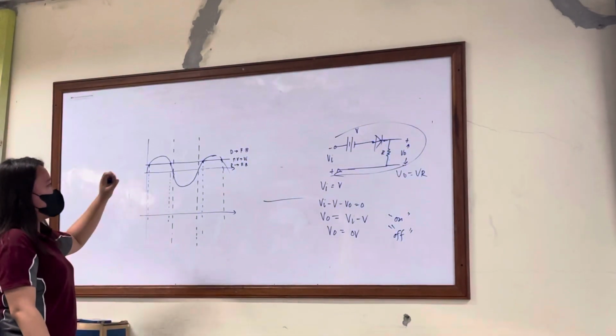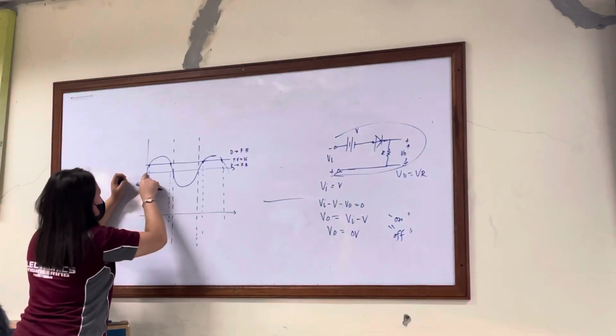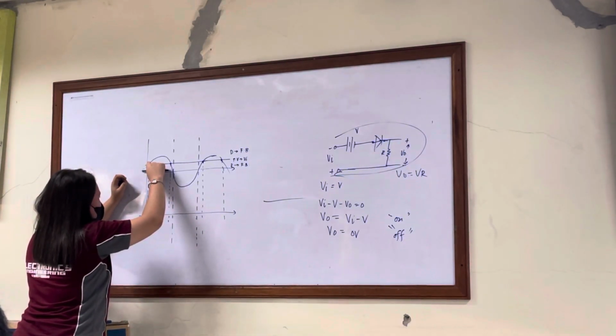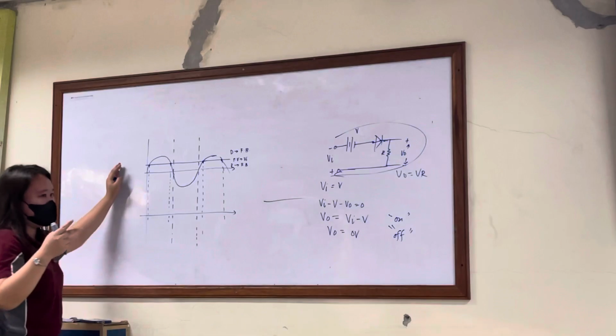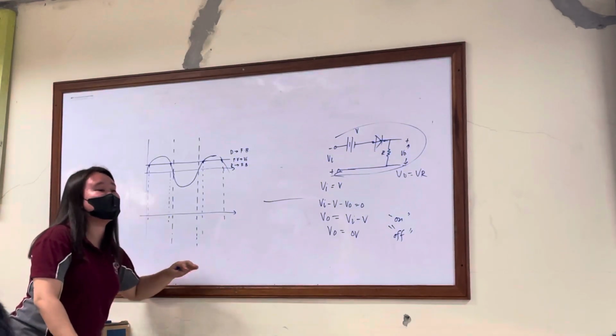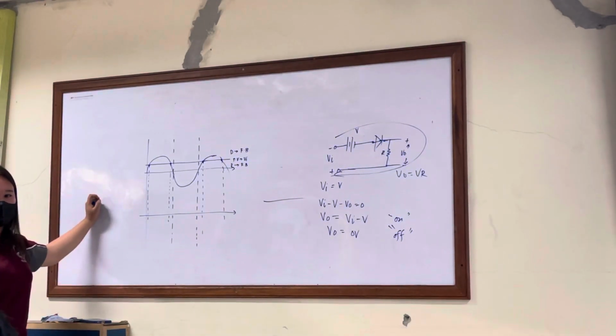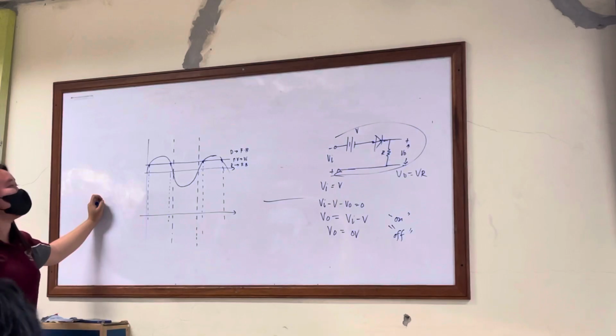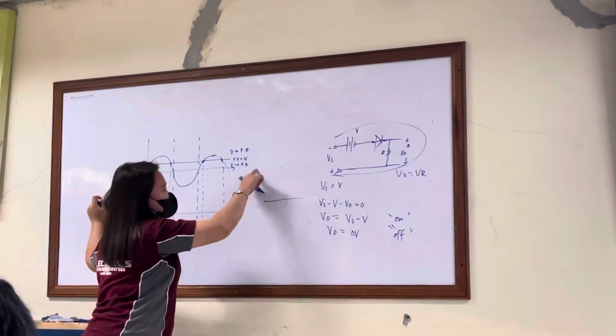So, at this point, what is it? Above or below? Below the transition voltage. Since it is below, reverse bias condition.